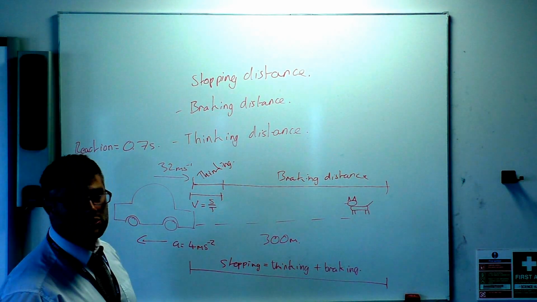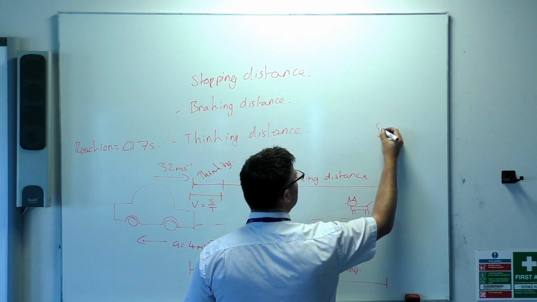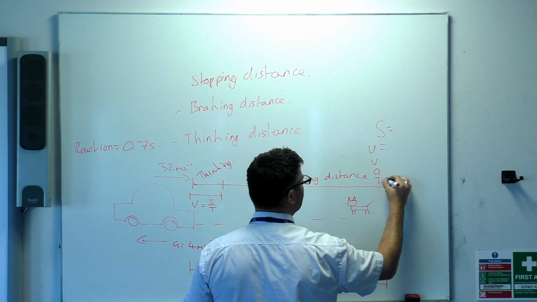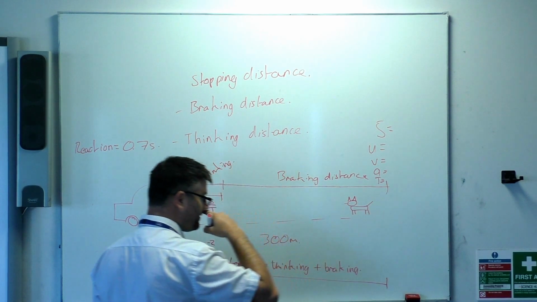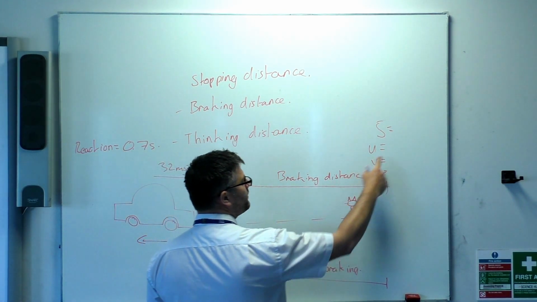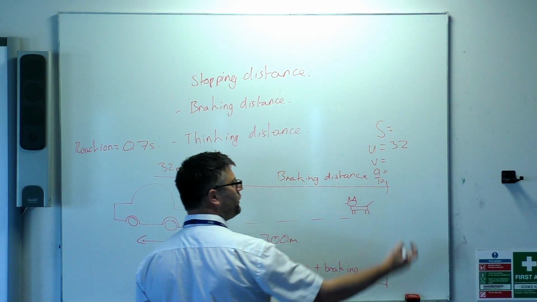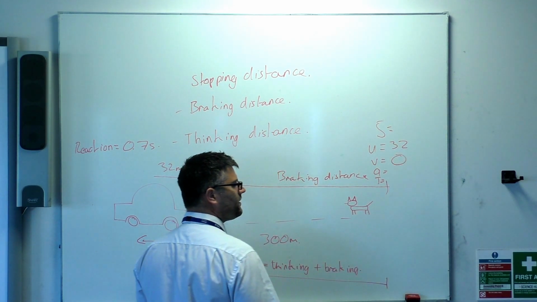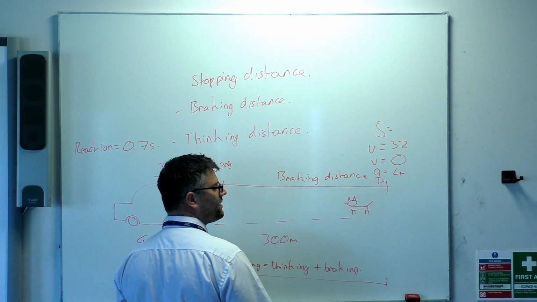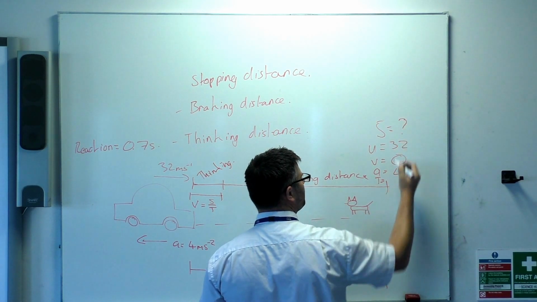Which is the correct equation you're going to want to use to work out a braking distance when you've got the initial velocity, the final velocity, the acceleration, and we want to work out the displacement?